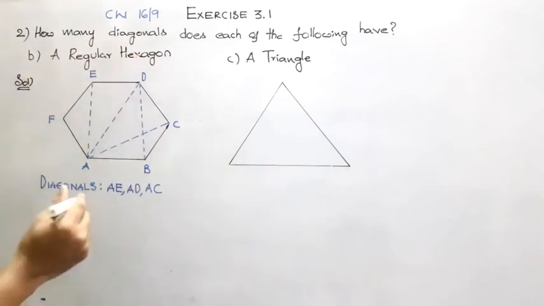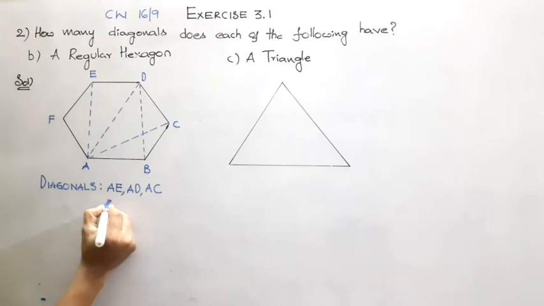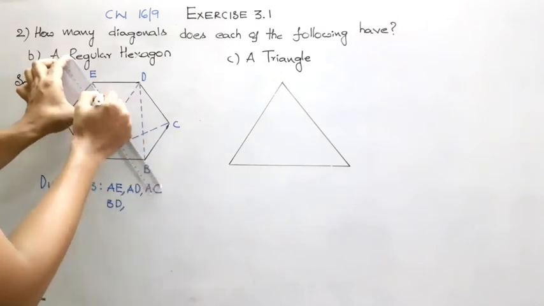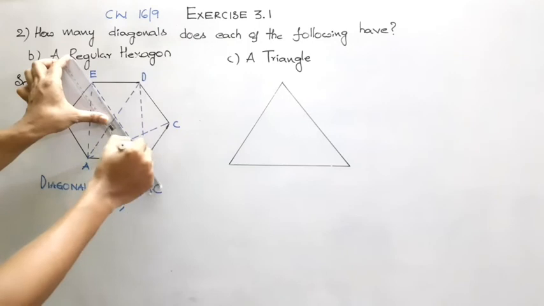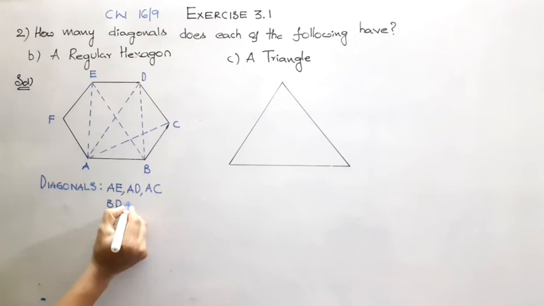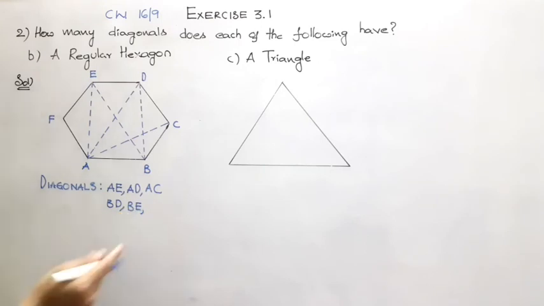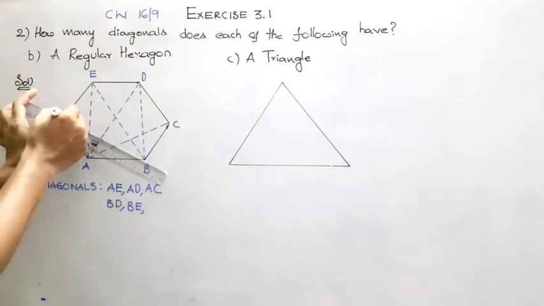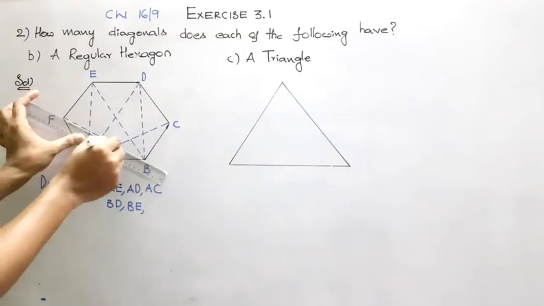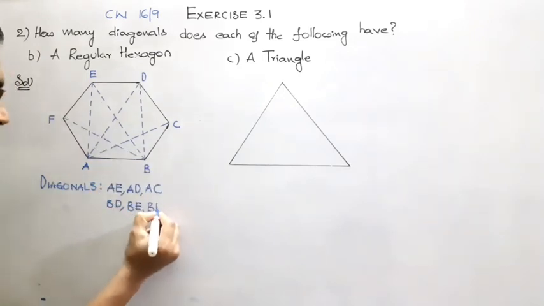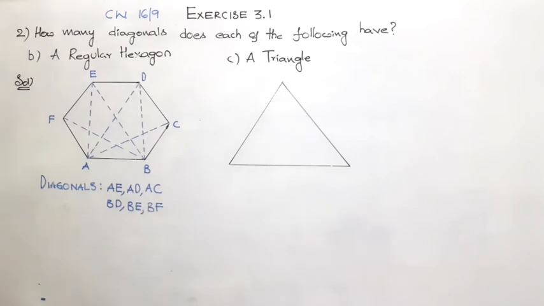Next, BE, and similarly we have B and F, so FB or BF. So total we have 6.